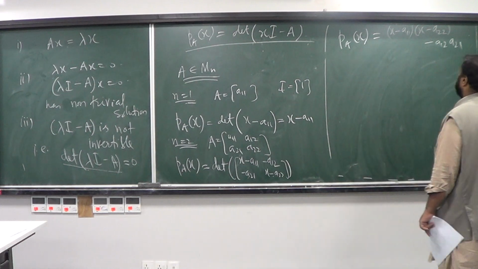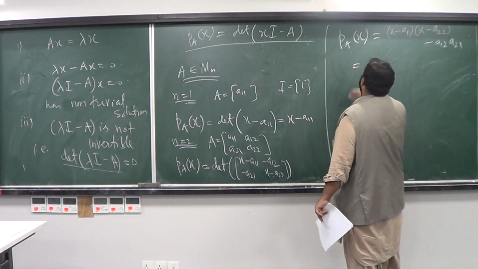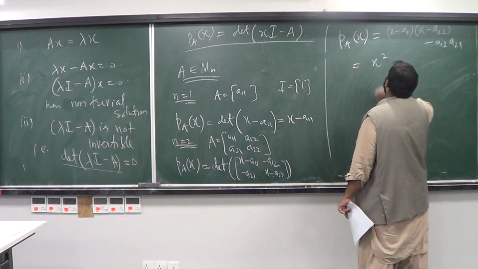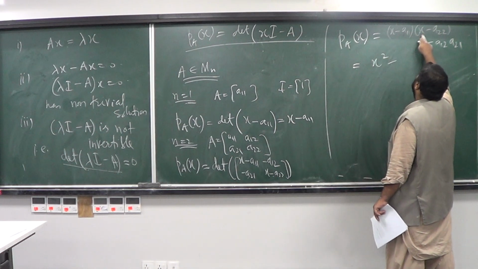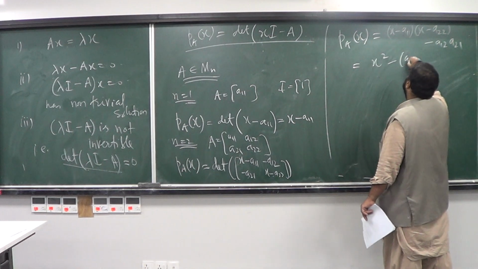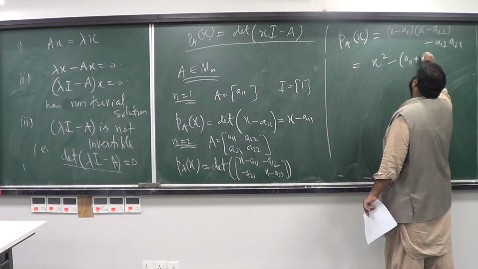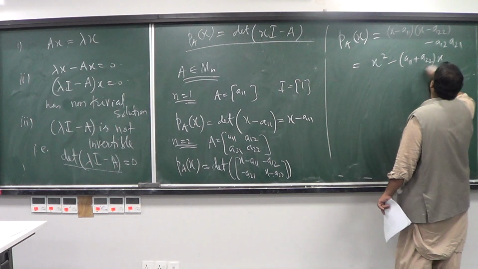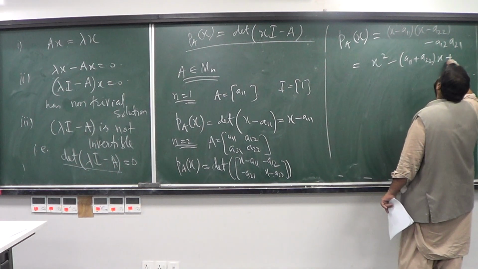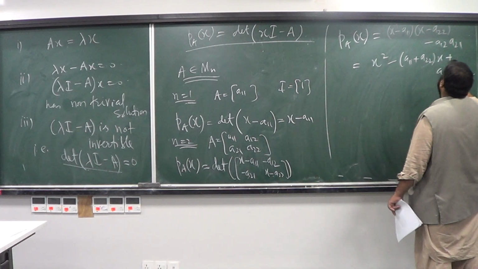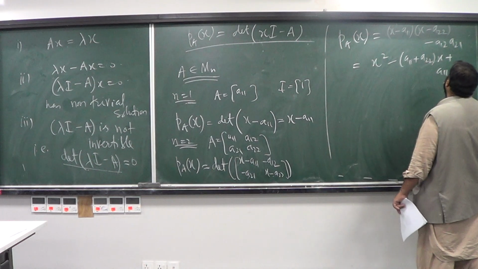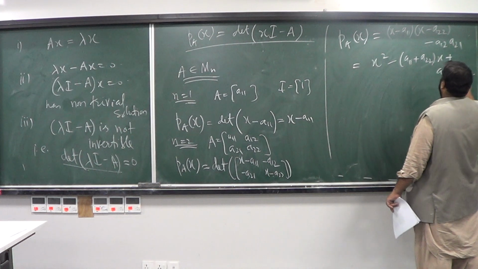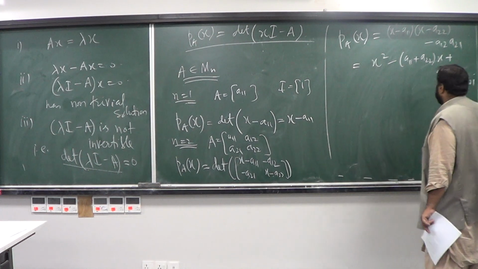Now if you simplify this a little bit more, this is going to be x squared minus A11 plus A22 times x, plus A11 A22 minus A12 A21. This is what it is going to be.